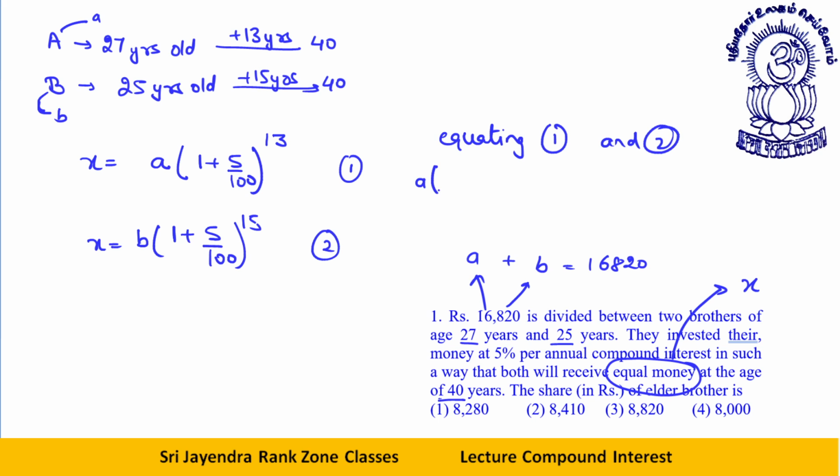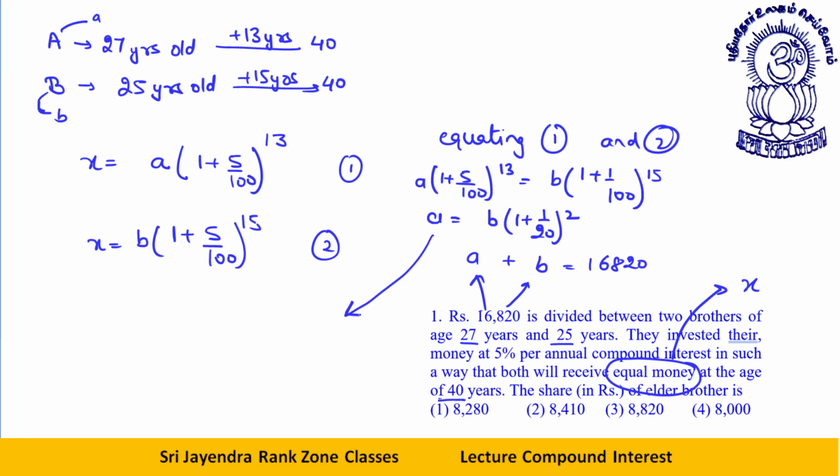what do I get? A into 1 plus 5 by 100 raised to the power 13 is equal to B into 1 plus 5 by 100 raised to the power 15. So from here, if I cancel, this will become A is equal to B into 1 plus 5 by 100, or 1 by 20, raised to the power 2. 13 cancels 15, power 2 will be left.